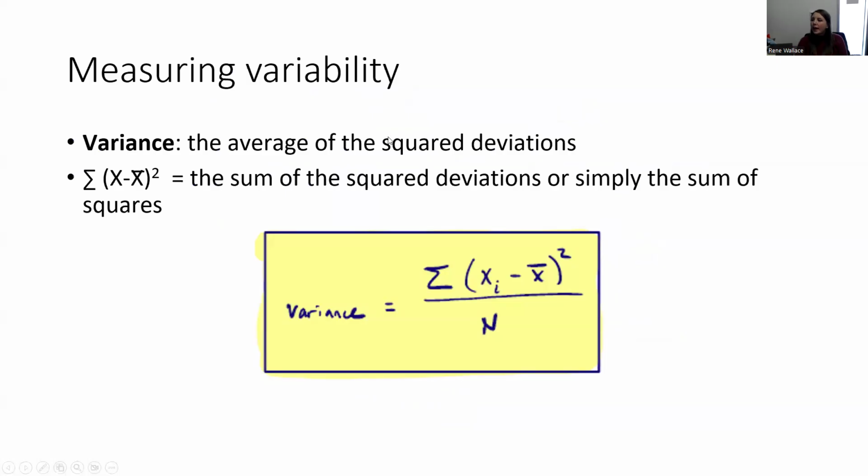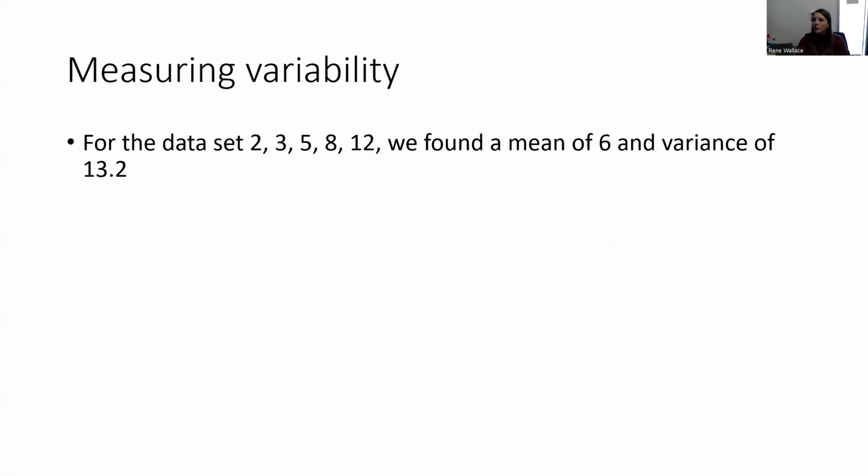So variance is the average squared deviations. This thing that we just did is your variance formula, so you might want to remember that. We have the sum of all the xi's minus the mean, squared, divided by the overall number. For this data set, 2, 3, 5, 8, 12, we found a mean of 6 and a variance of 13.2.